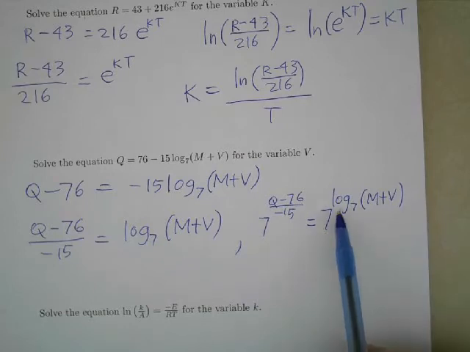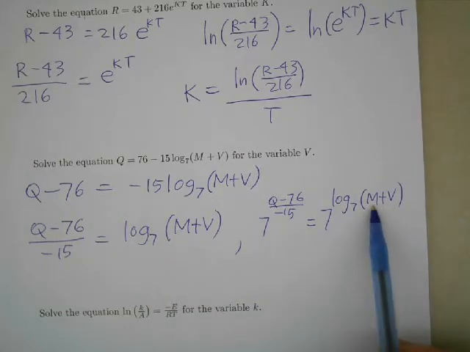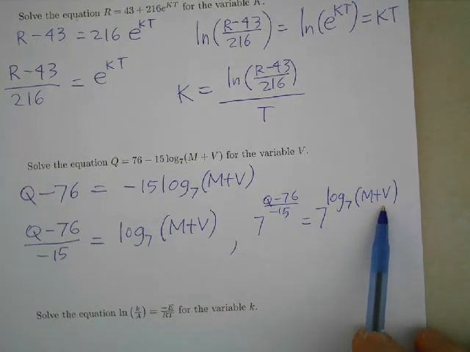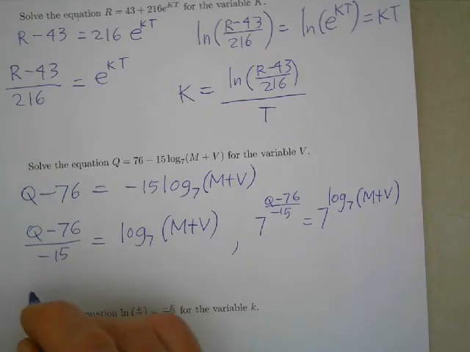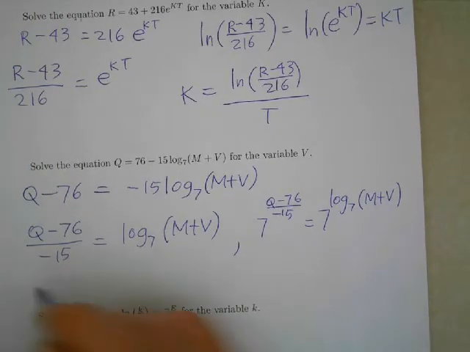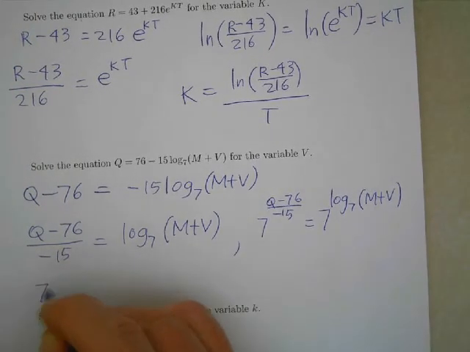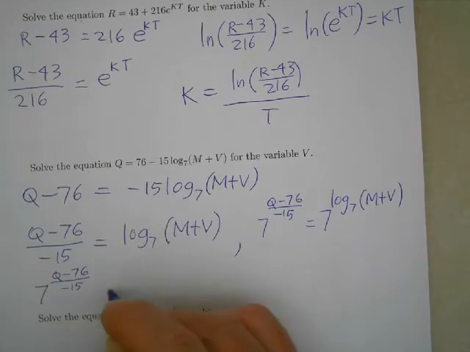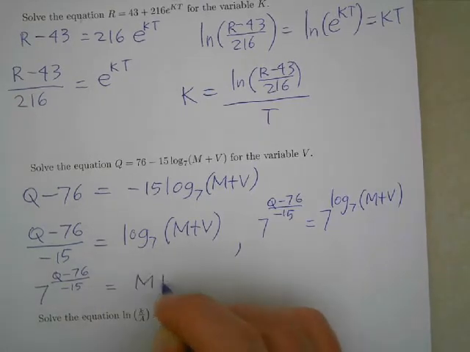But 7 raised to the base 7 logarithm of m plus v simplifies to m plus v, just using the definition of a logarithm. So we can write this as 7 raised to the exponent q minus 76 divided by negative 15 equals m plus v.